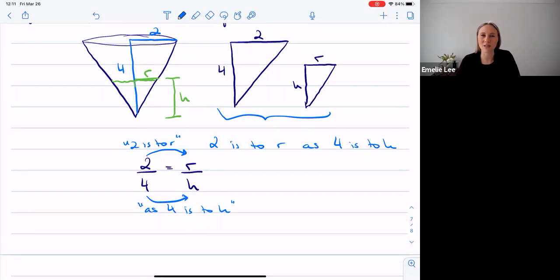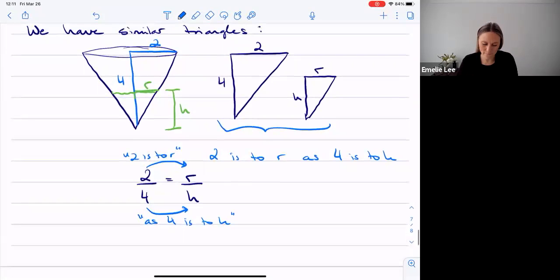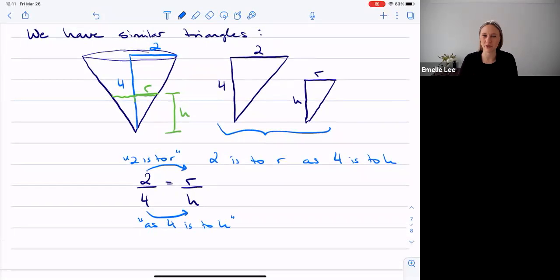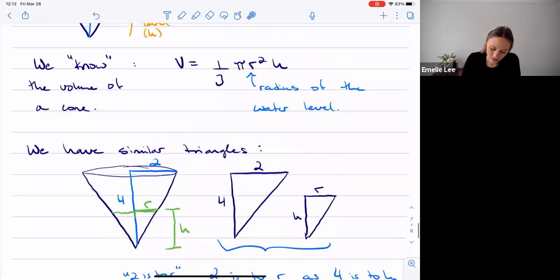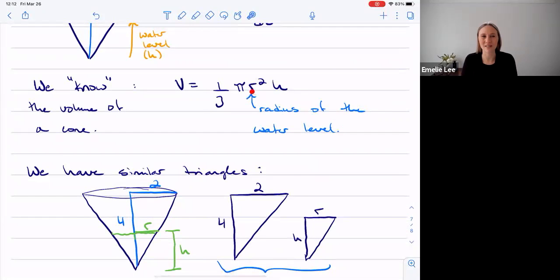But this is what I find works for me because sometimes I find similar triangles can be a little bit tricky to master, right? But as long as you think, okay, well, 2 is to r as 4 is to h. Why do we care about this? Well, it's mostly because the radius here in this formula, like we said, is not that overall radius, right?